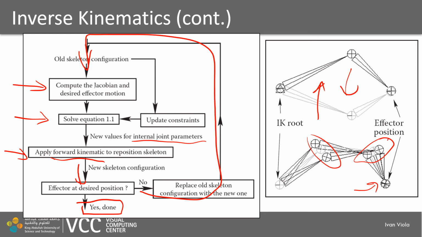And in such a case, we will never end this loop, and therefore we will need additional tests whether there is actually a certain convergence to the position or there is actually no solution.